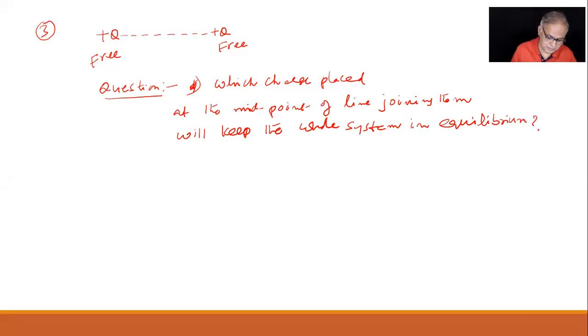Now, you need to just understand the difference between this question and that question in a physical sense first. Which charge placed at the midpoint of the line joining them will keep the whole system in equilibrium?